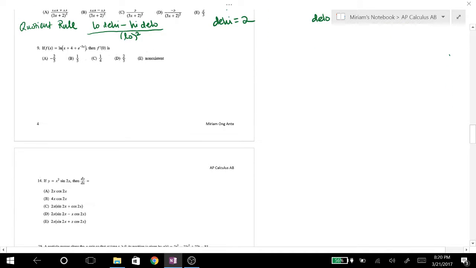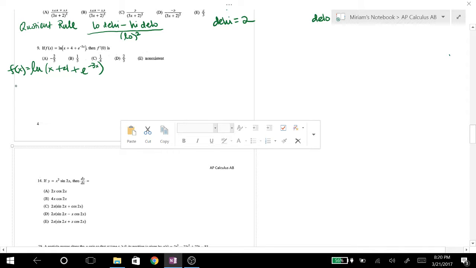Number 9, so you have a function, and then you need to get the derivative of it. Then plug in 0. That's what it's asking. So let's do it. We have natural log of x plus 4 plus e to the negative 3x. So it's complicated. I already know it's going to have to be a chain rule, so I'm going to focus first on natural log.